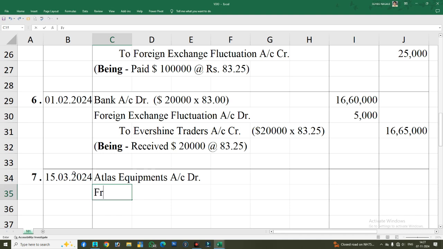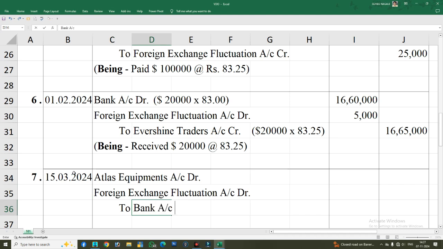There is a loss, foreign exchange fluctuation account debit, and to bank, because of payment, account credit.